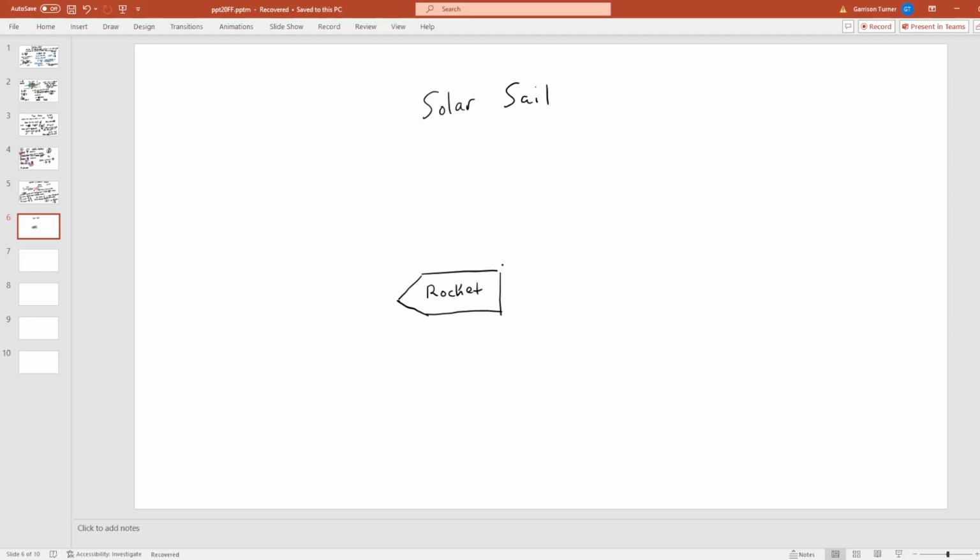If you can unfurl a really large, really thin metallic plate, so most likely it would be like some sort of foil that would initially be folded up during launch, and then when you are out in space, it would unfurl.